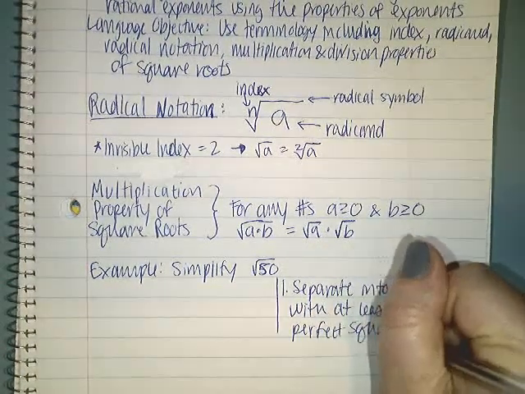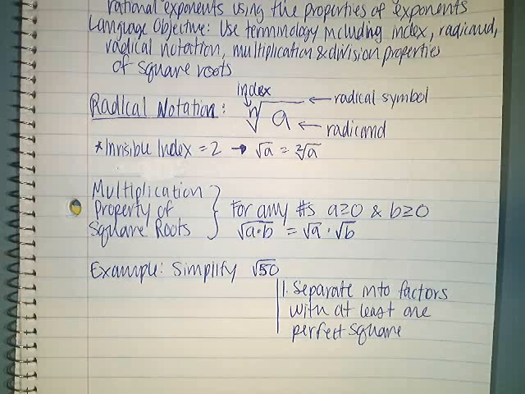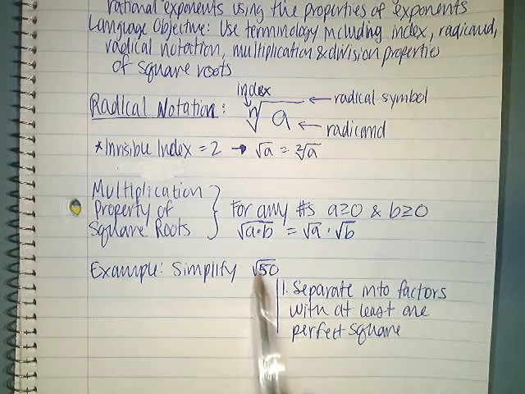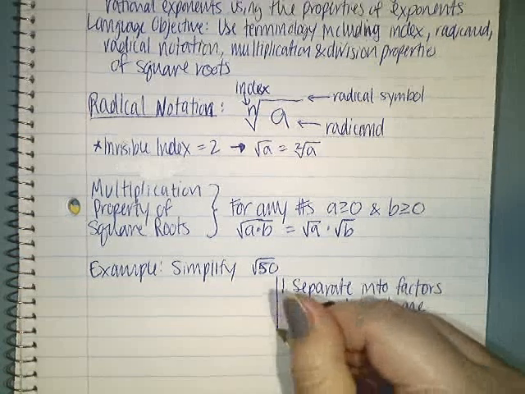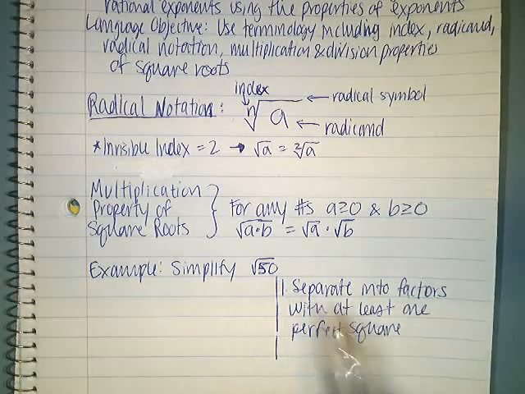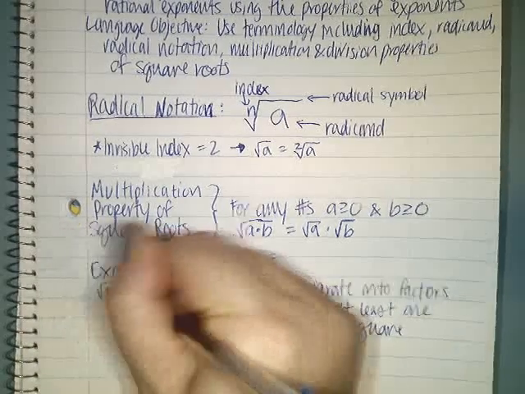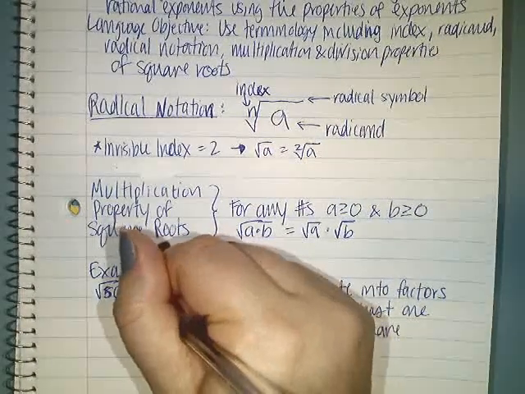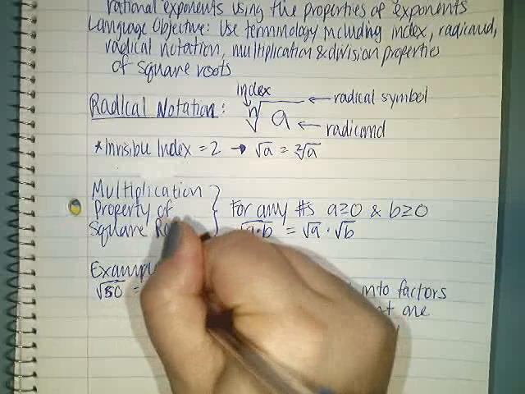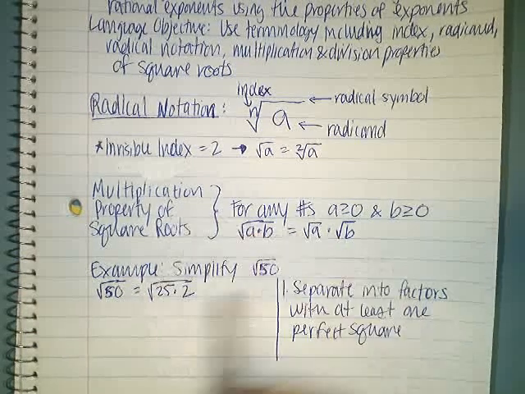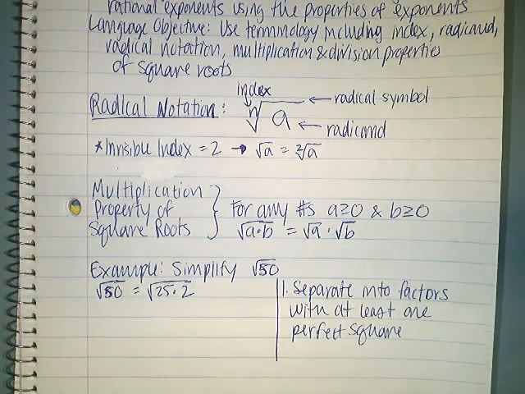So since we're simplifying square roots, we are going to separate this into numbers with at least one perfect square. So the square root of 50 is equal to the square root of 25 times 2. So I know that 25 is a perfect square, it goes into 50. So I can separate it out like this.